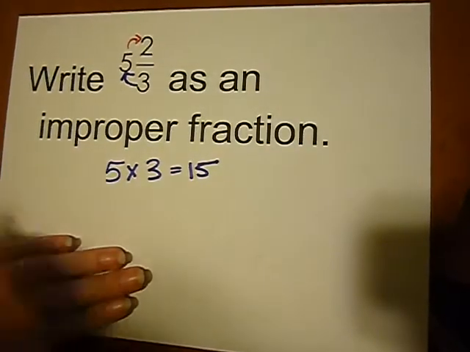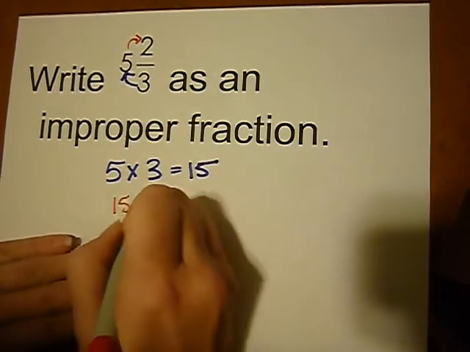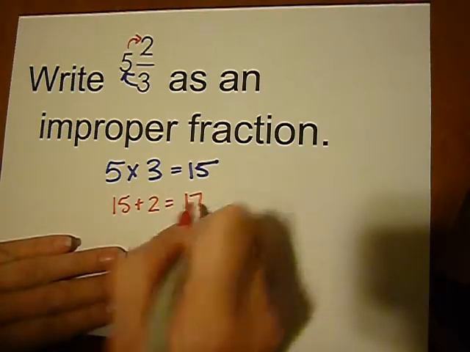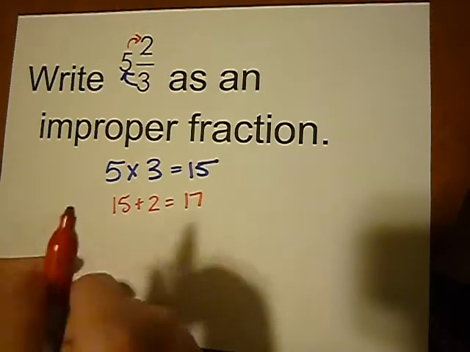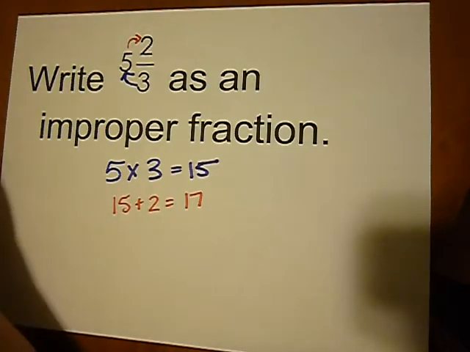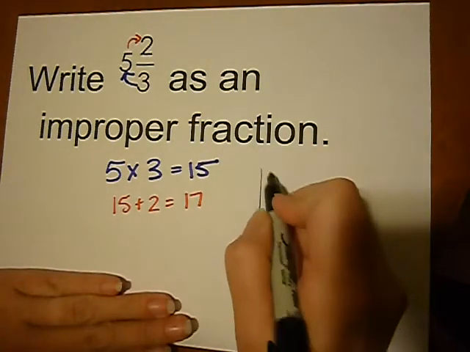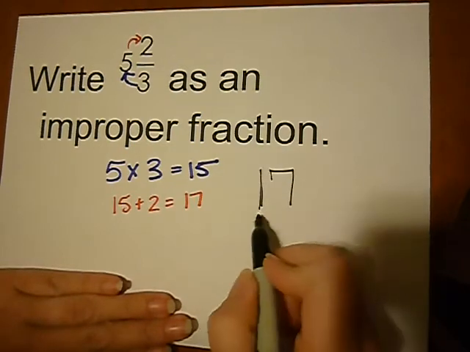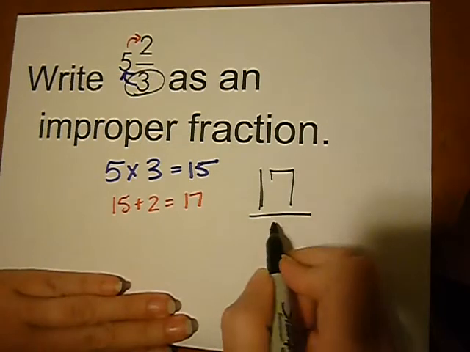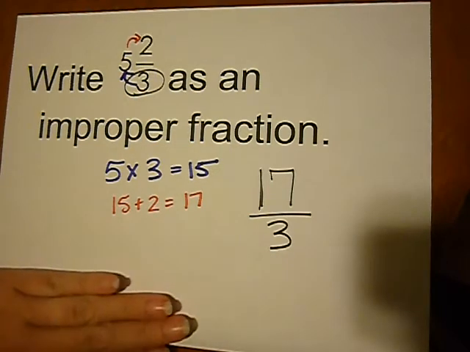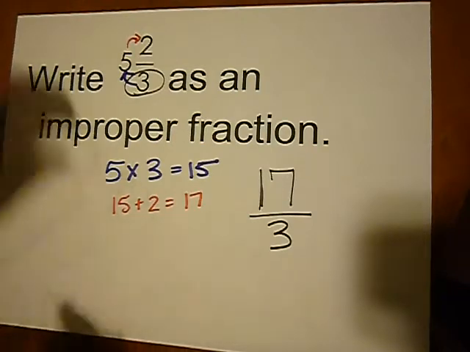So 15 plus 2 equals 17. So my numerator is going to be 17. And then my denominator will stay the same. So 5 2/3 as an improper fraction would be 17/3.